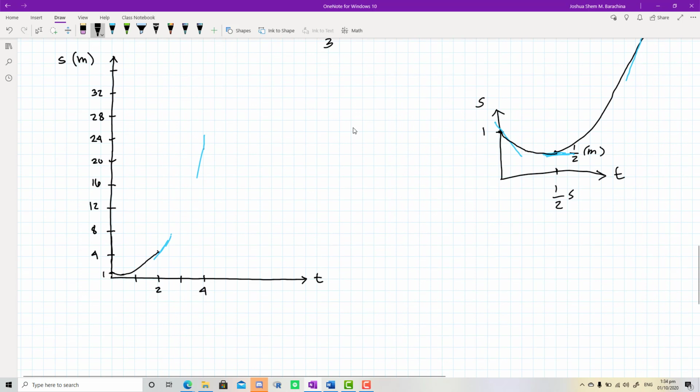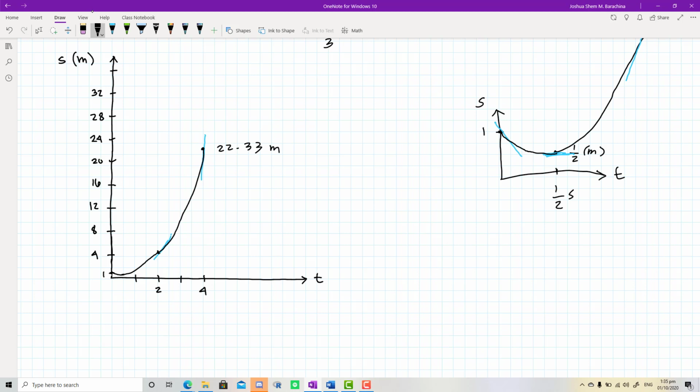So this would look something like this. The height of this one would be 22.33 meters.